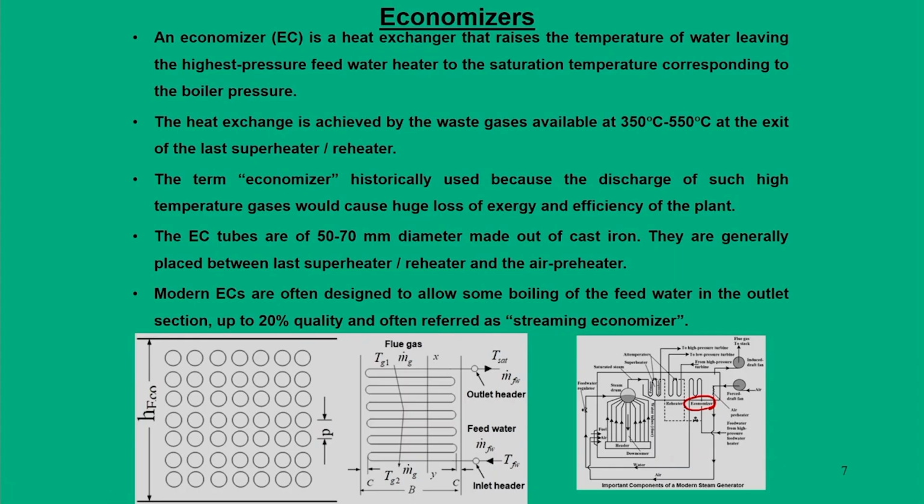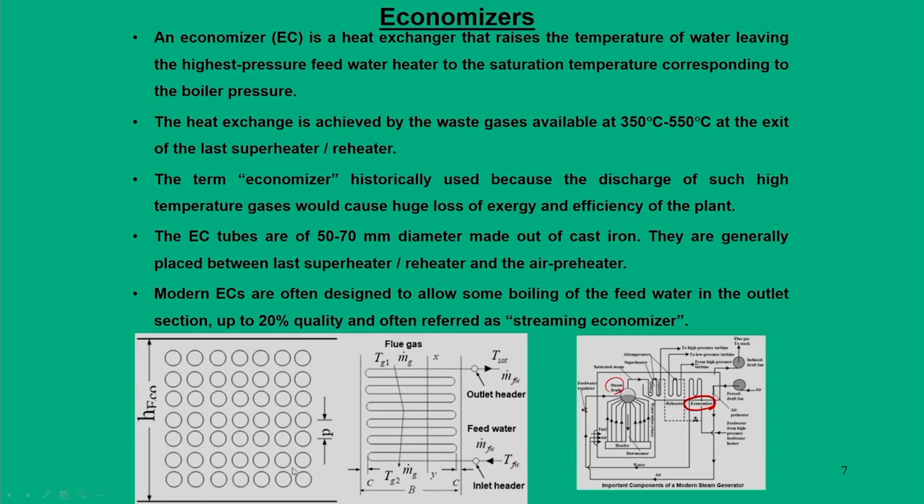It is mainly used to utilize the unwanted waste heat from the flue gas. And what is the purpose? The economizer uses the energy of the waste heat of the flue gas to preheat the liquid water to the saturated liquid, which then enters the steam drum.